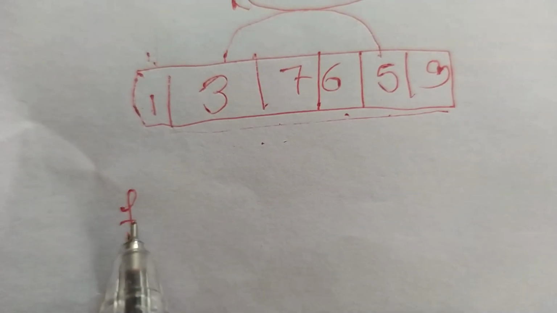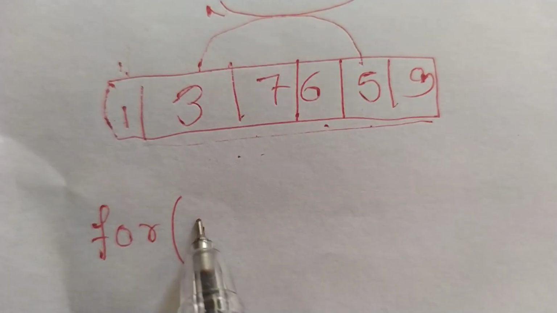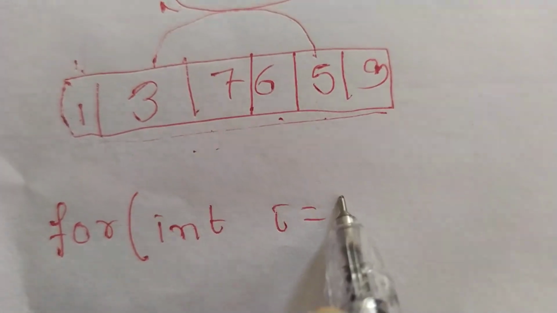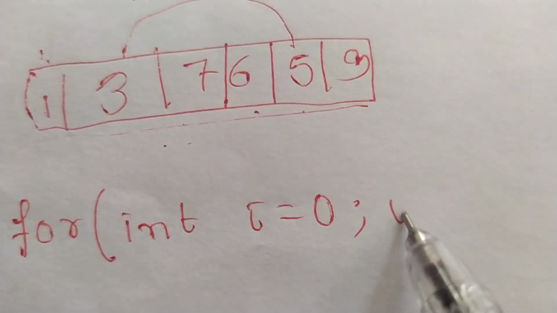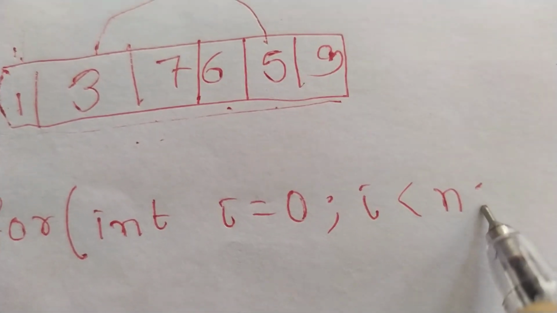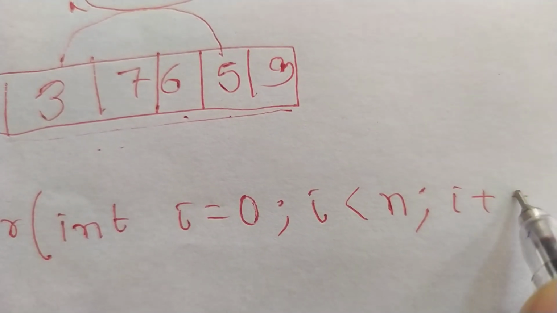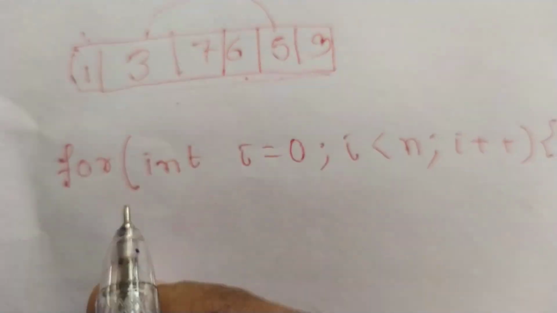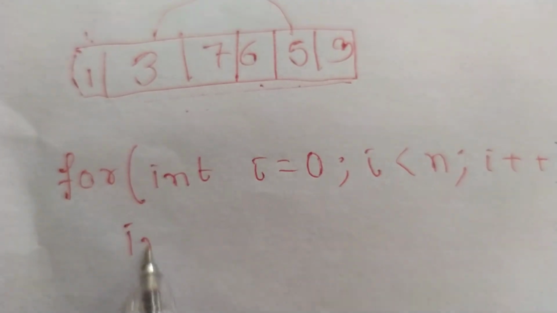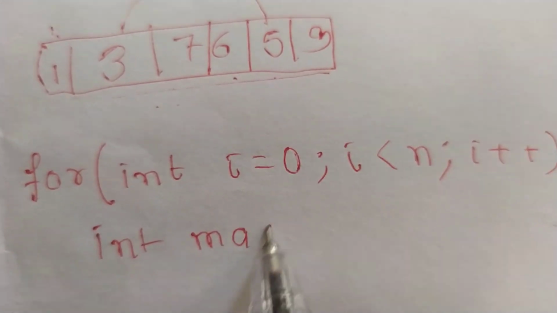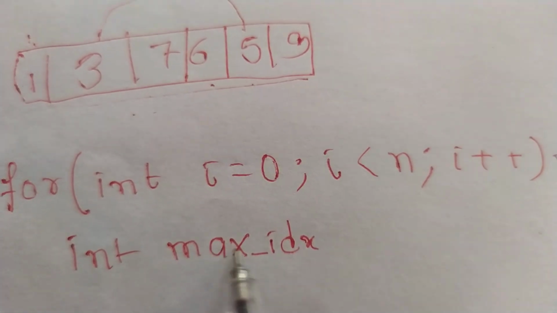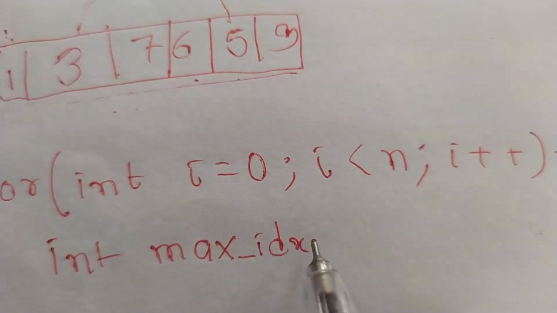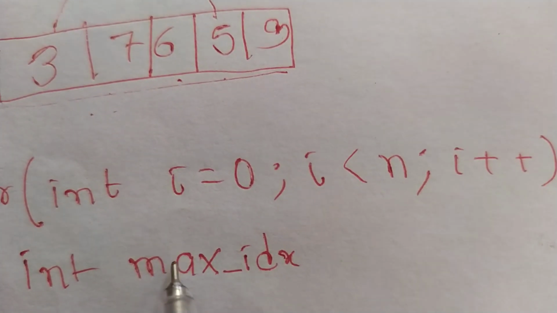So the code will be like, for int i equals 0, we will be starting from the 0th index and will go till the last index. We will consider a variable having the index of the minimum element.